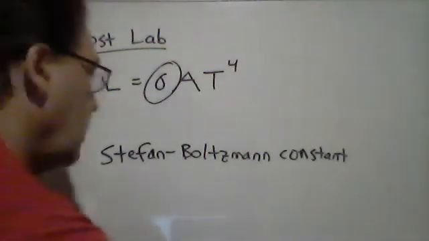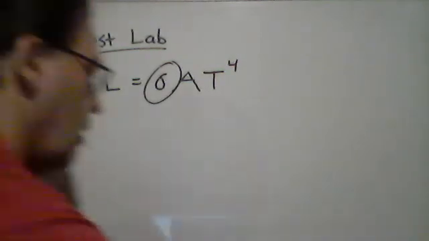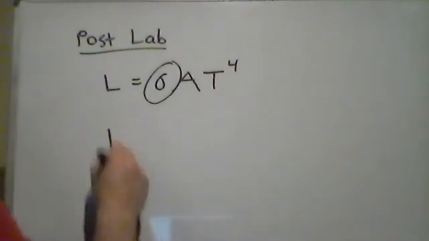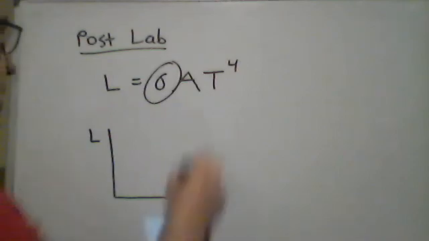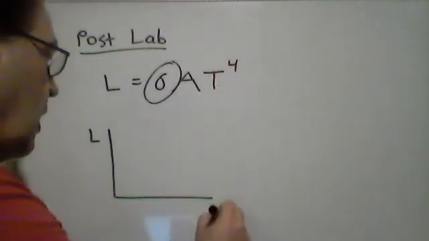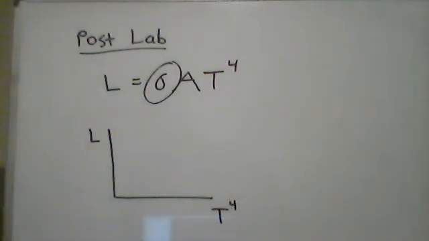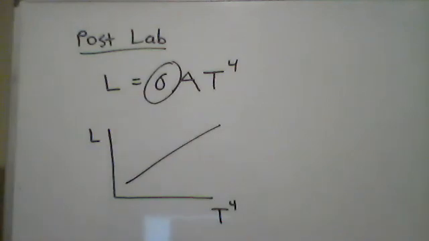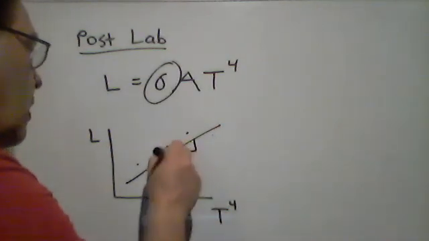This is absolutely not a linear relationship. But what can I do? Well, here's the answer. You don't want to plot L versus T, where T is a temperature. You want to plot L versus T to the 4th. When you do that, you'll get a straight line, and you'll find a slope.